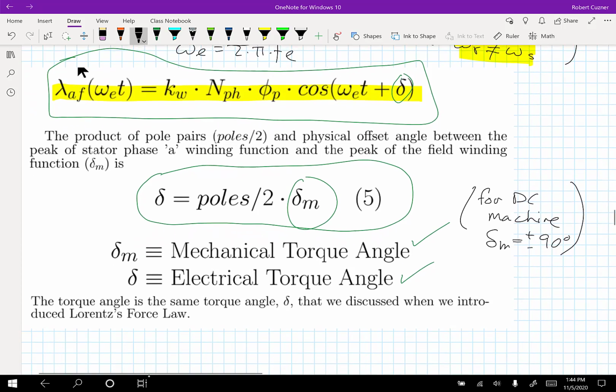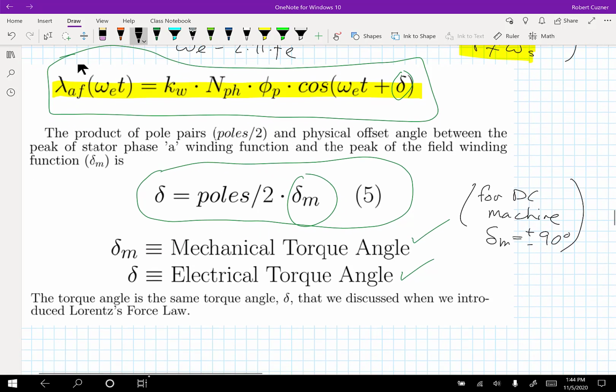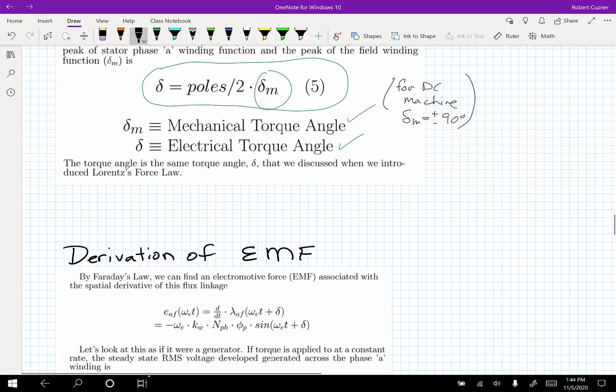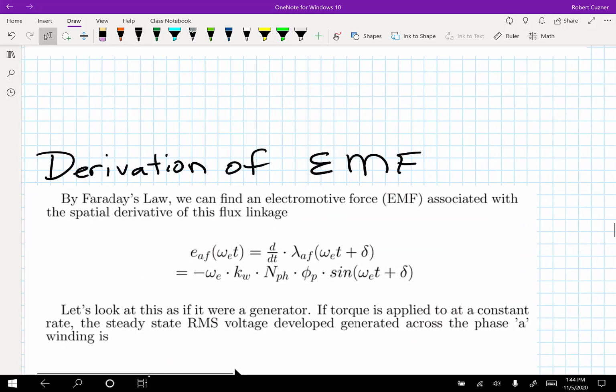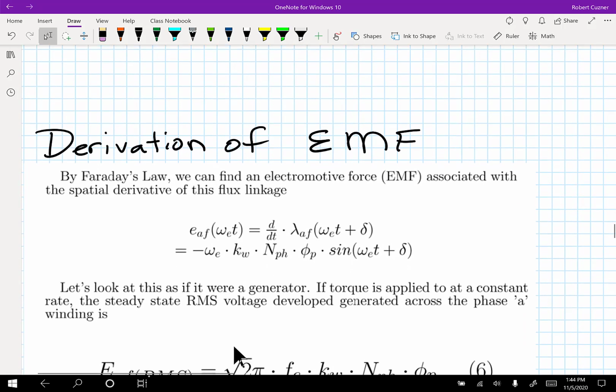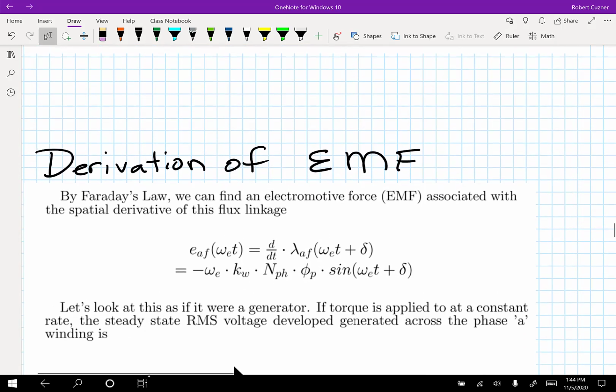So things are clearly coming together at this point. The last thing that we need to do is to derive a voltage applying Faraday's law, and that's what we have here. So if we take the derivative of that flux linkage, we will get a voltage because the rotor is moving, and this is the expression for that voltage.